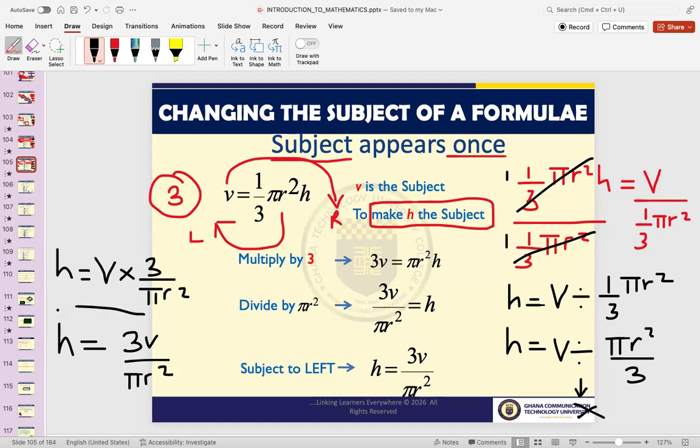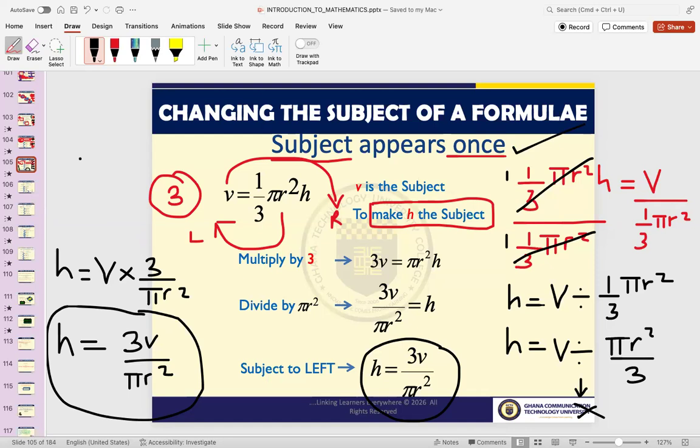And that is the end of our solution. When you want h to stand alone, you multiply 3 by v and then divide by pi r squared. And that is the change of subject for h if it is appearing once.